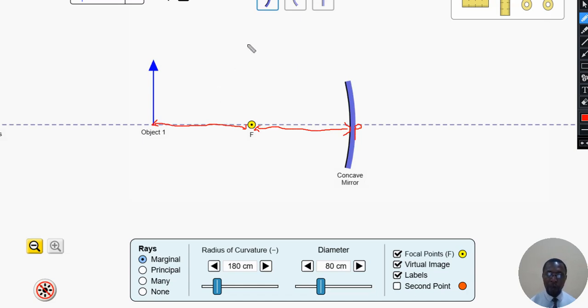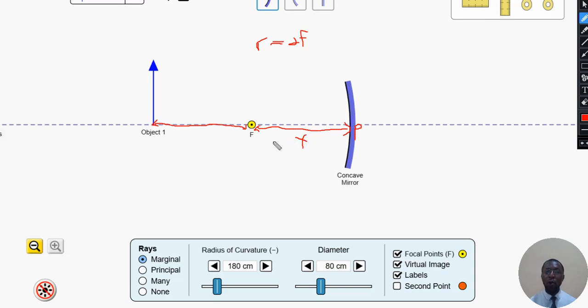The radius of curvature is represented with r, and r equals 2f, where f represents the focal length. Remember, I said between f and p is called the focal length, with small letter f.